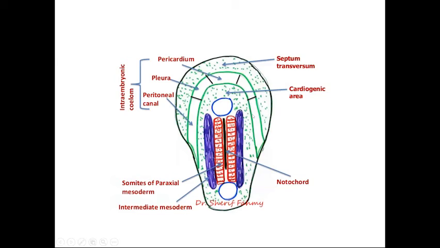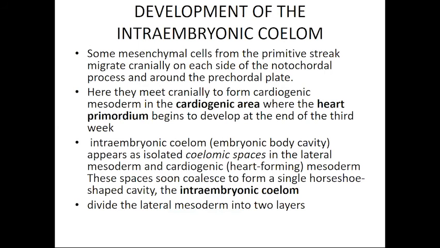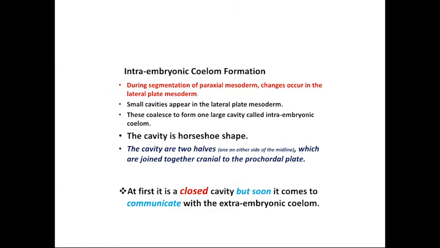The outer is the somatopleuric layer, and the inner one is the splanchnopleuric layer. So this develops into the intraembryonic coelom.